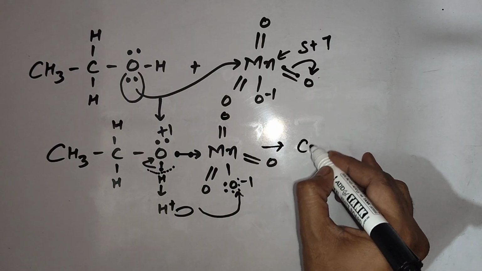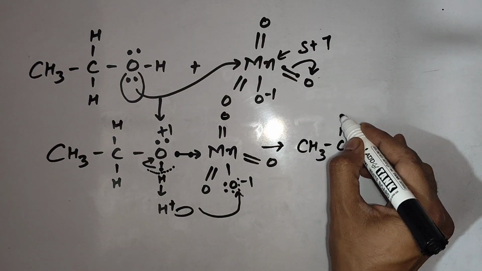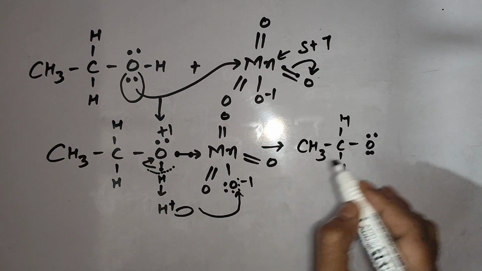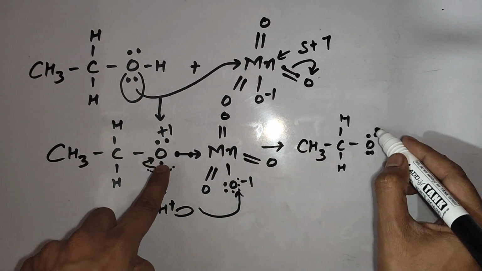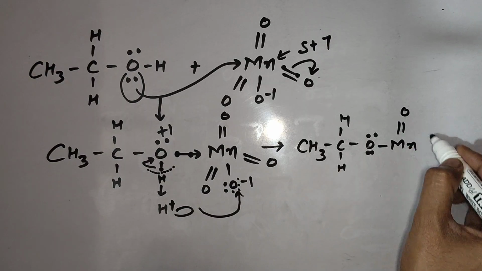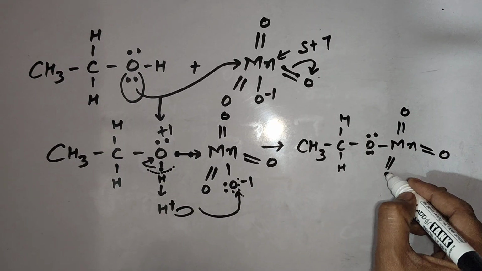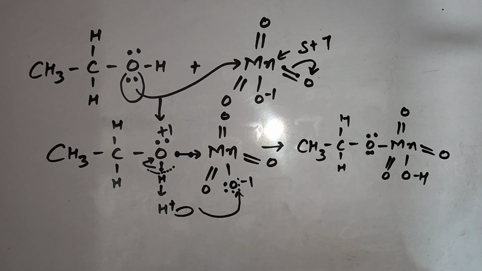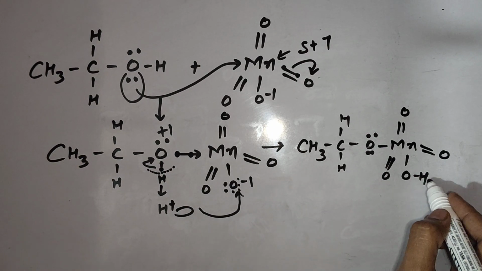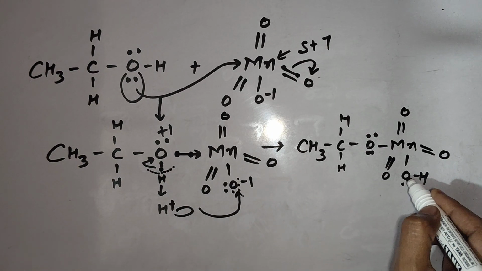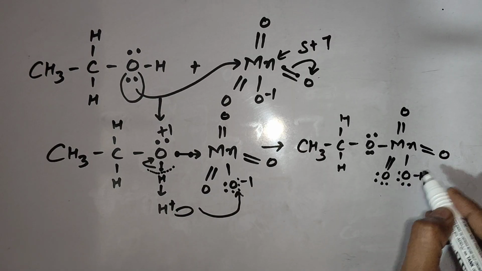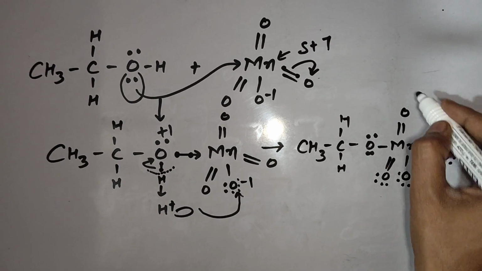Due to which the next condition will be this: the oxygen will get its pair back, so the positive charge will finish. Out of 3 lone pairs, oxygen will use 1 pair to make a dative bond with hydrogen, due to which its negative charge will finish. And obviously these oxygens are carrying 2 pairs.